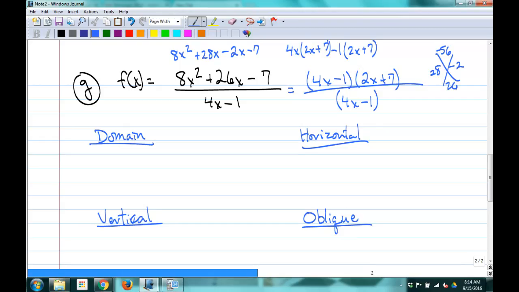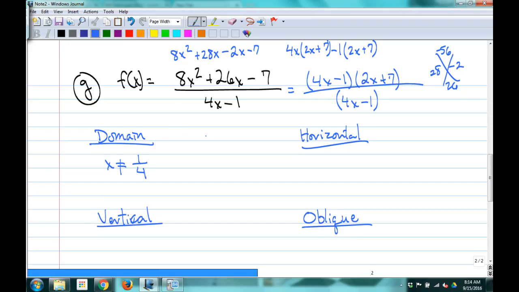So the domain you're going to do before you simplify. So Hunter said, does the 4x minus 1 cancel out? Yeah, it's going to. But you have to find your domain first, before you cancel it out. All right, so domain is going to be x cannot be what? 1/4, right? If I solve 4x minus 1 equals 0, it should be 1/4.